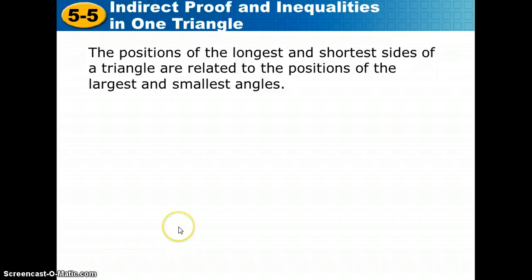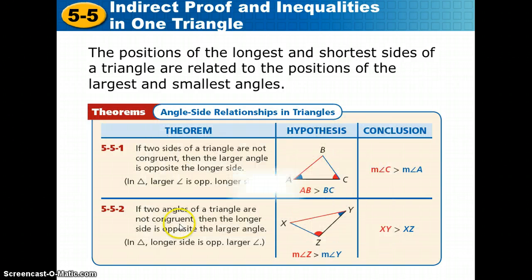The positions of the longest and shortest sides of a triangle are related to the positions of the largest and smallest angles. So, we have these two theorems. You should have these written down already, but let's take a look at what they say. First, if two sides of a triangle are not congruent, then the larger angle is opposite the longer side.